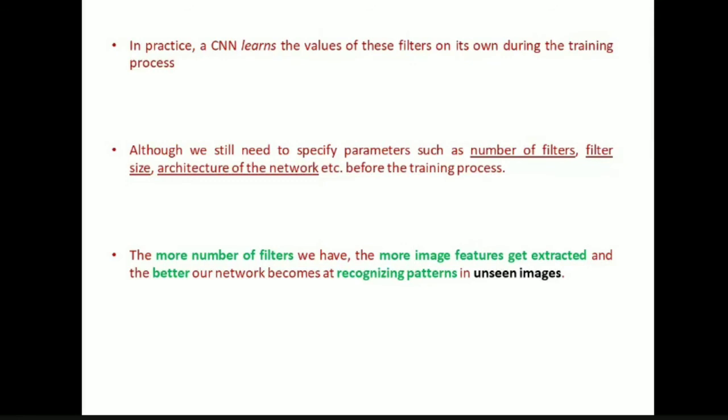By rigorously training our network, when we later give a new image, it will perform better on unseen images. That is, it will recognize different patterns in unseen images if we train it with correct filters. These correct filter values are learned during the training process.